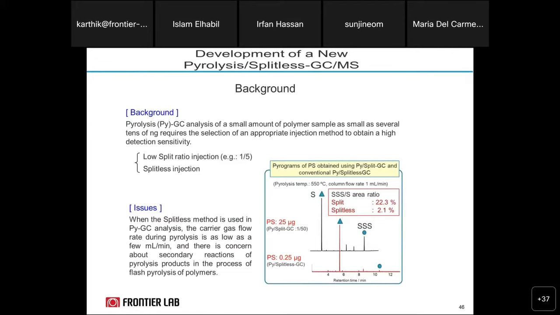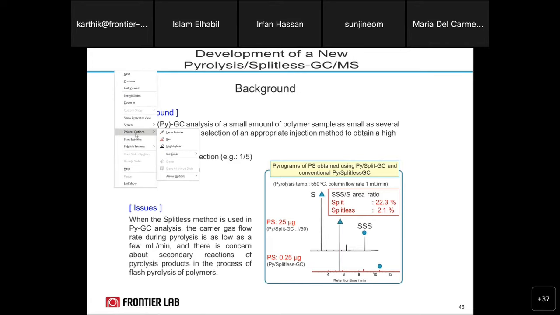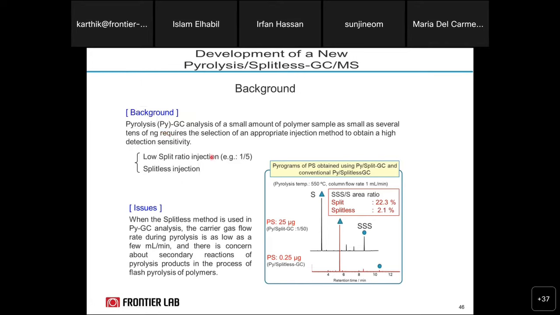Usually we reduce our split ratio so that we are able to transfer more sample into the column and detector. In some cases, we also consider splitless injection. So the question is, are we able to use splitless injection for polymer or microplastic analysis? The answer is kind of no.